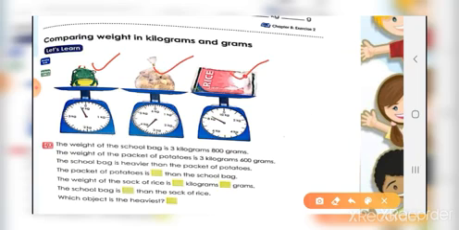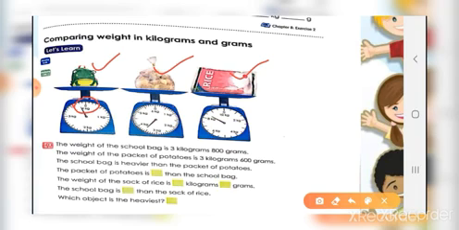Point to the weighing scale on the left. Up to how many kilograms can this weighing scale measure? The first one can measure 4 kg.